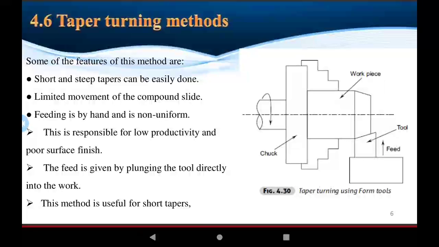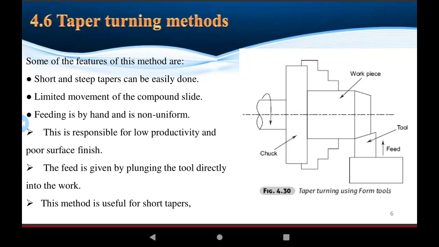The movement of the compound slide is limited. The feeding is by hand and is non-uniform, which is responsible for low productivity and a poor surface finish in this operation.